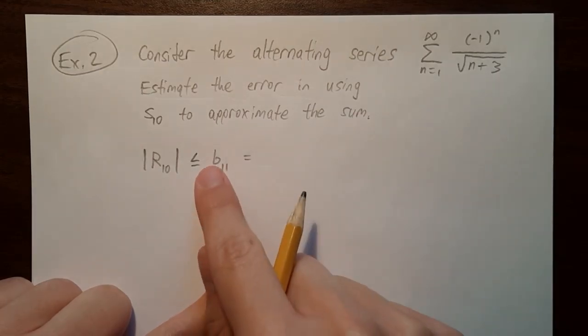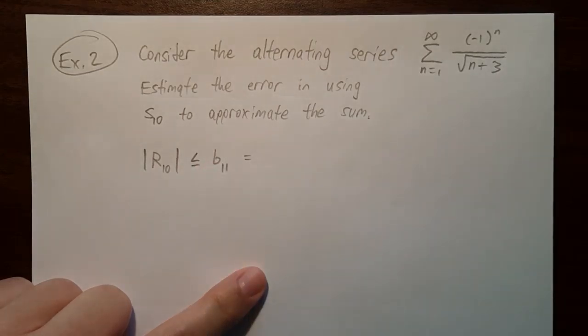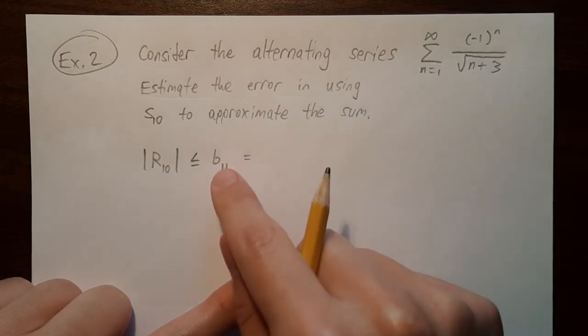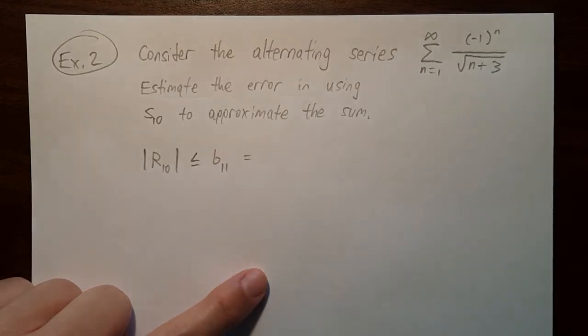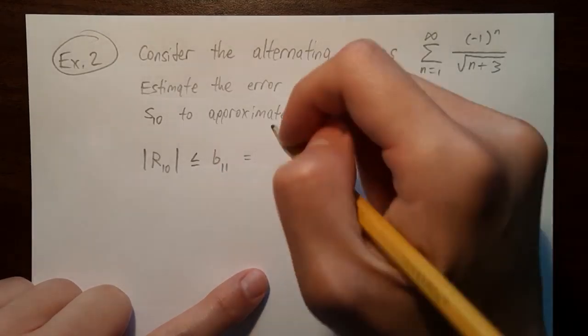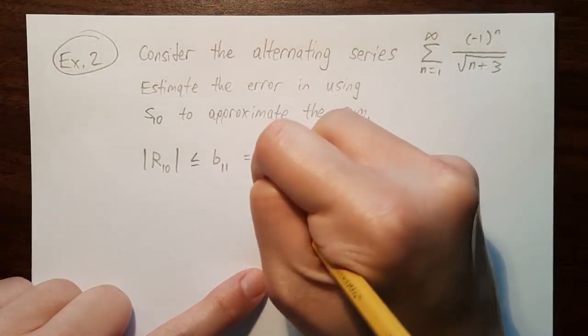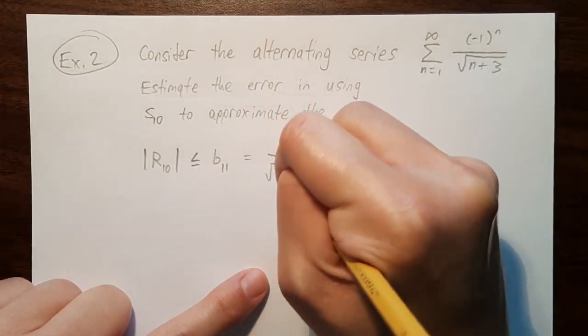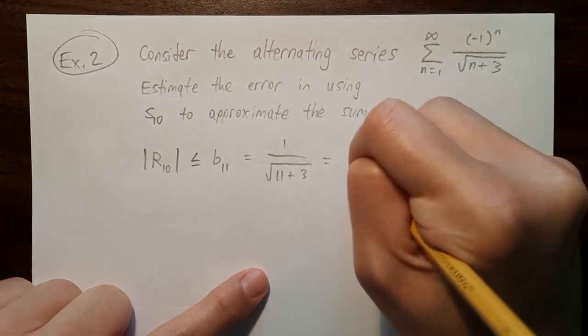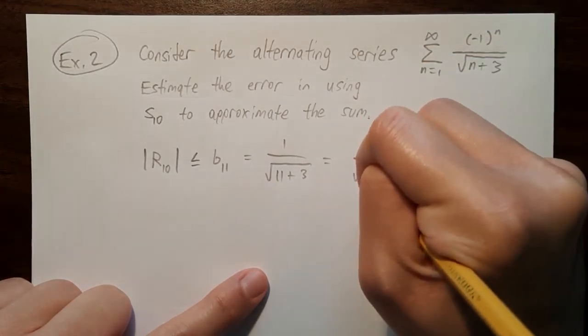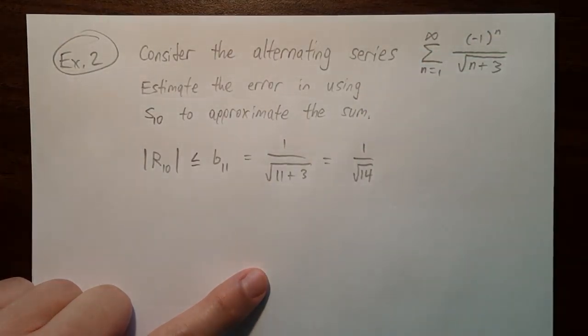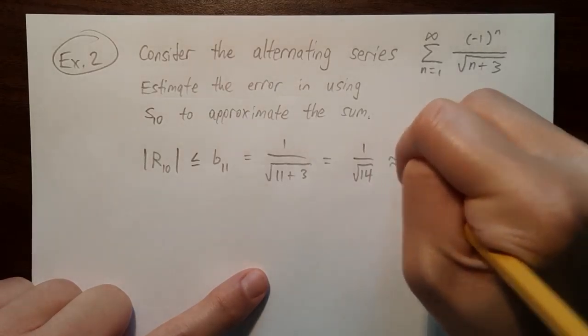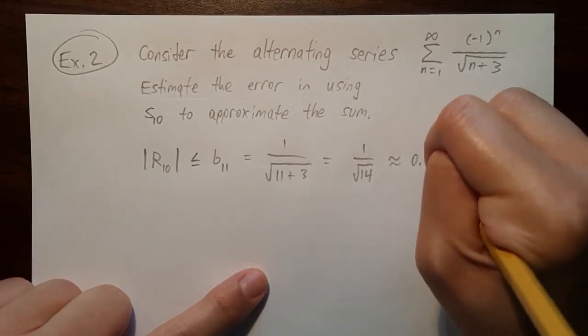As a reminder, whenever I'm using b, I'm referring to the non-alternating version of the series. So this is the 11th term where I'm just going to consider the term positive, whatever it is. That would be 1 divided by the square root of 11 plus 3, or 1 over the square root of 14. And that turns out to be approximately 0.267.